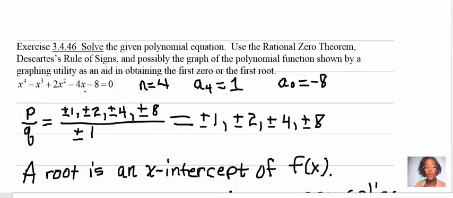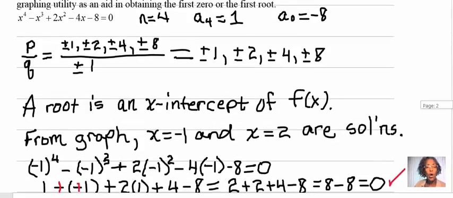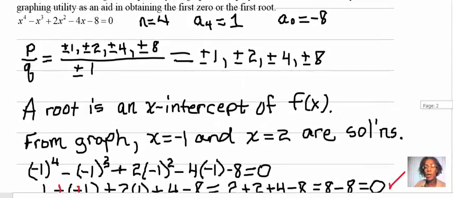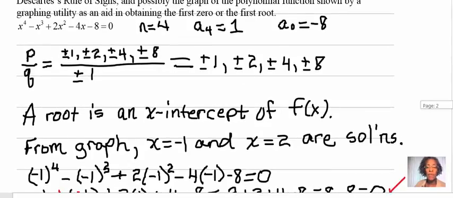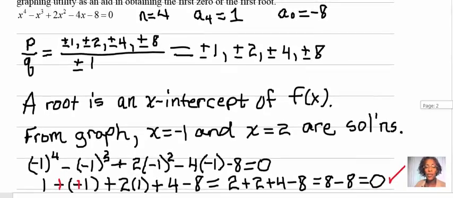You'll be able to find the other 2 without testing. And you don't know if all the roots are rational. Some of them may be and we see that they're not. In other words, you would have tested positive and -1. You would have found -1 worked, +1 didn't.